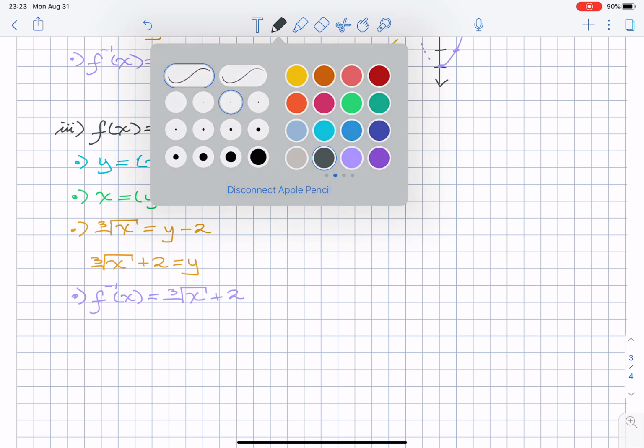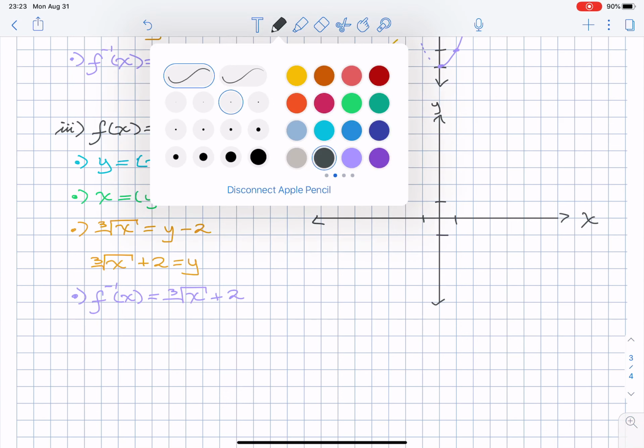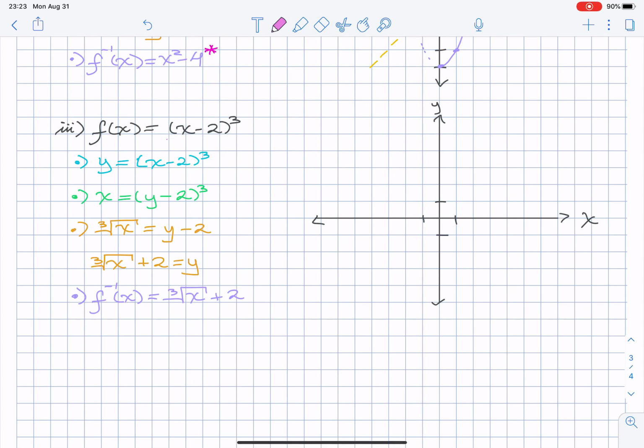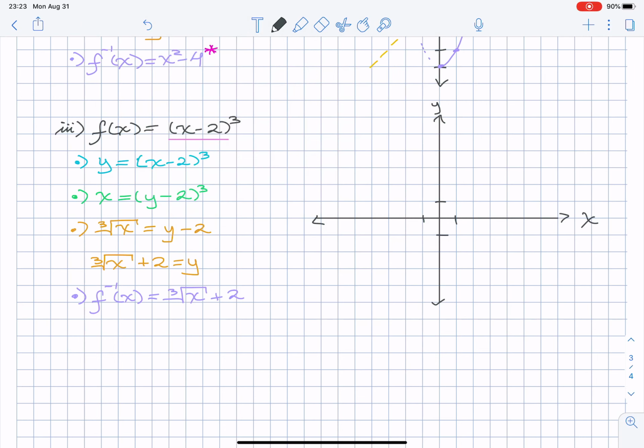Okay, so x and y coordinate axes. X and y. So we have 1, 1, 1, 1. Okay, so this is shifted to the right 2.